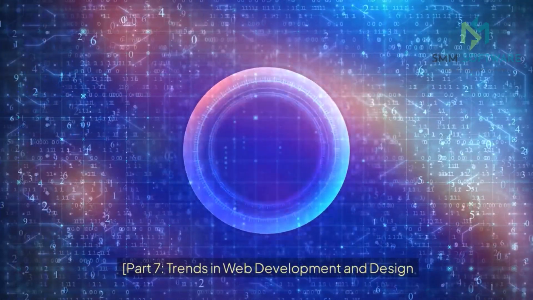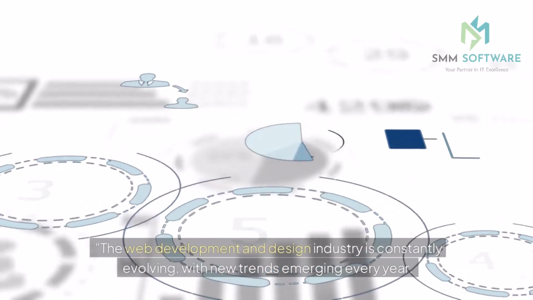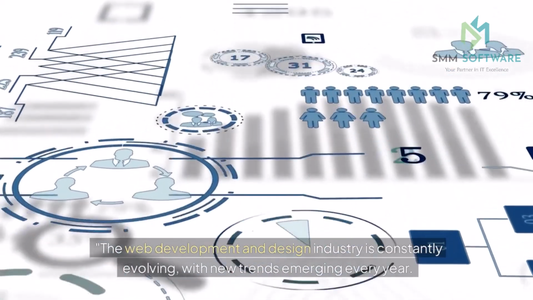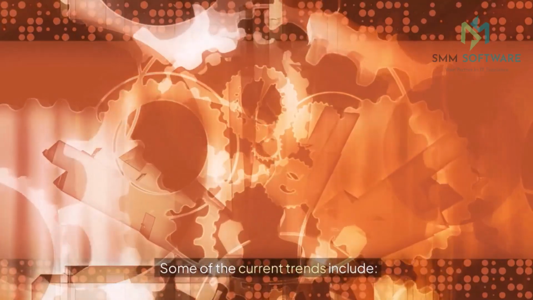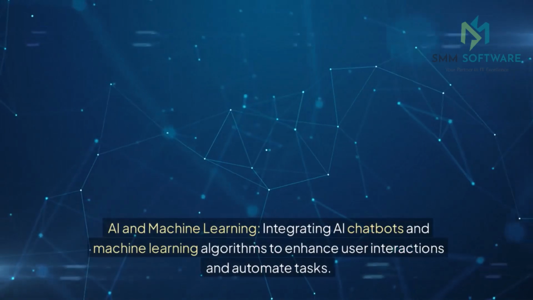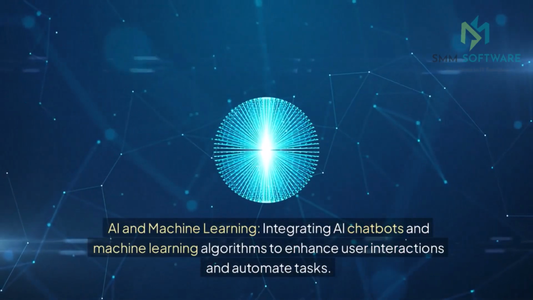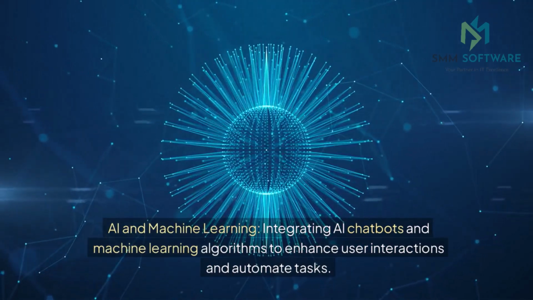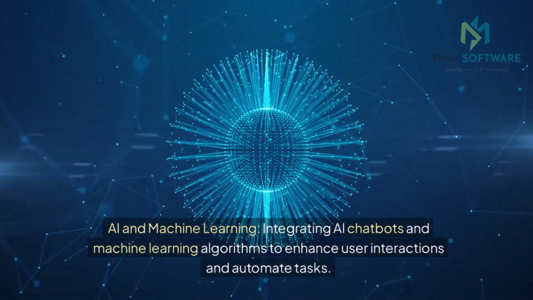Part 7. Trends in web development and design. The web development and design industry is constantly evolving, with new trends emerging every year. Some of the current trends include AI and machine learning, integrating AI chatbots and machine learning algorithms to enhance user interactions and automate tasks.